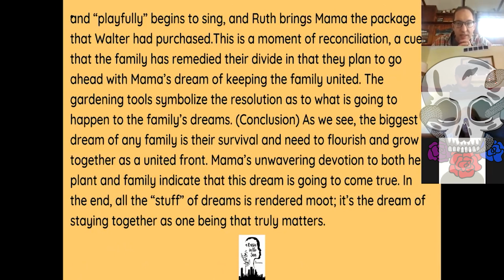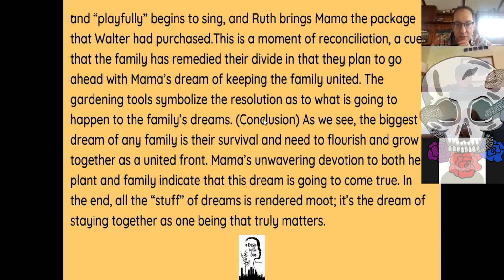This is a moment of reconciliation, a cue that the family has remedied their divide and that they plan to go ahead with Mama's dream of keeping the family united. The gardening tool symbolized the resolution as to what is going to happen to the family's dreams. So I have a lot of support and analysis there.